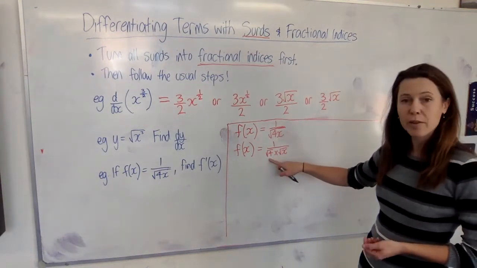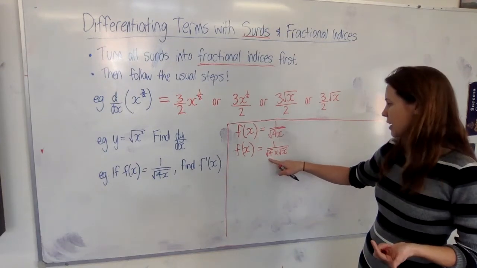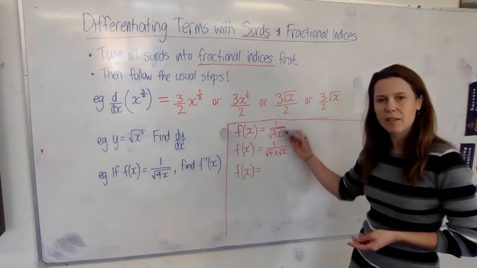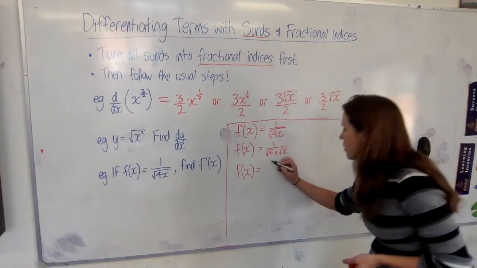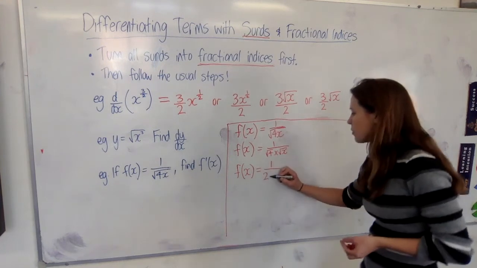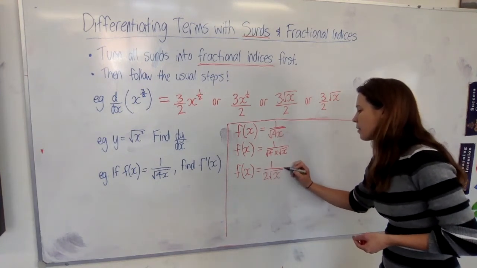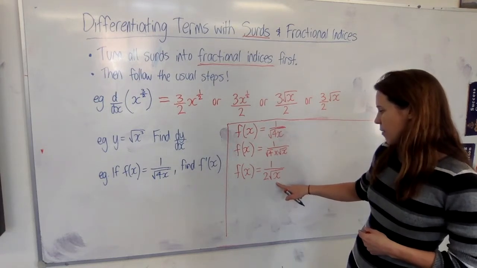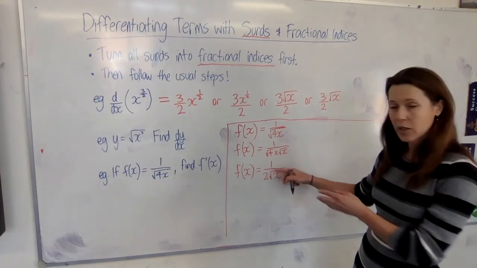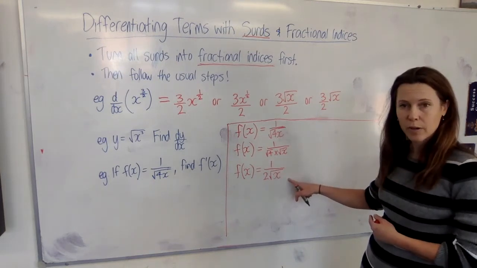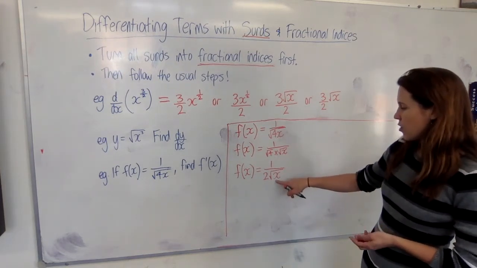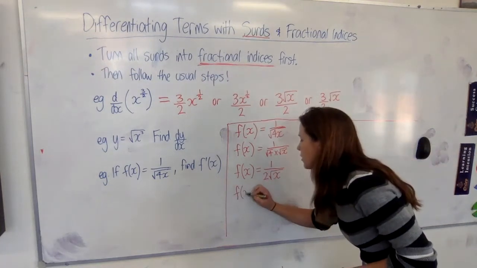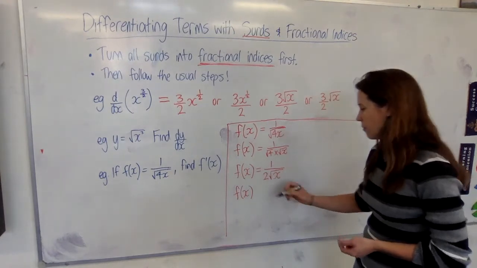Now I've done that because I know that the square root of 4 is 2, so that's something I can easily find. So again, showing all my working, normally there's parts of this I might do in my head, but to make sure I don't mess up and to show you what I'm doing, I'm going to do every step. So I've now got this. Now don't forget this is exactly the same as a half times 1 over square root of x. So if I now want to change my x into a fractional index number, then I need to bring it up the top of the fraction.